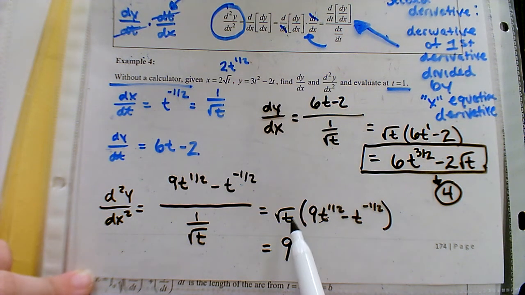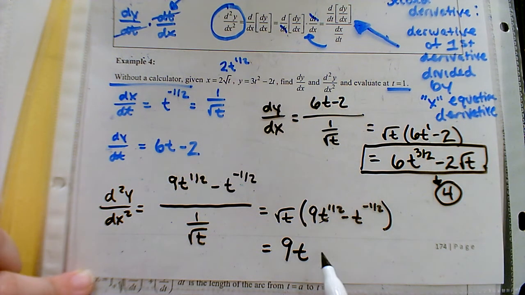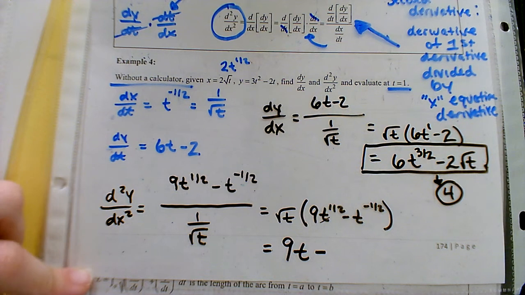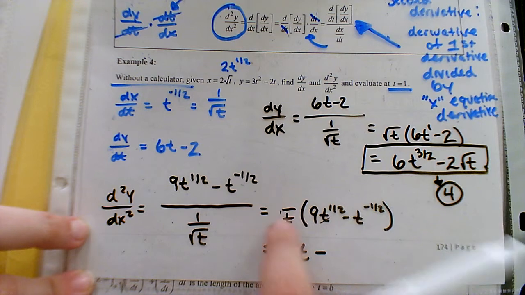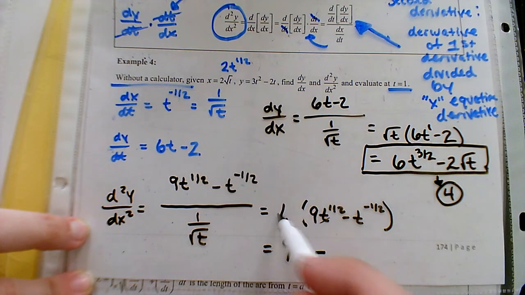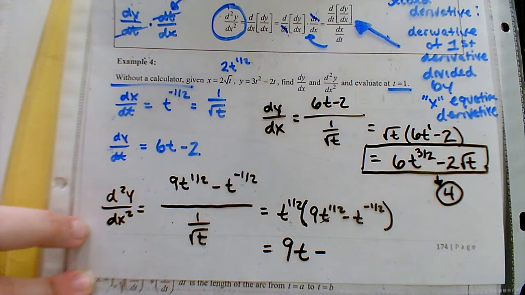And then what about the square root of t times t to the negative 1/2? What's going to happen there? Maybe you want to change, instead of square root of t, you want to change it to t to the 1/2 power to help you out.